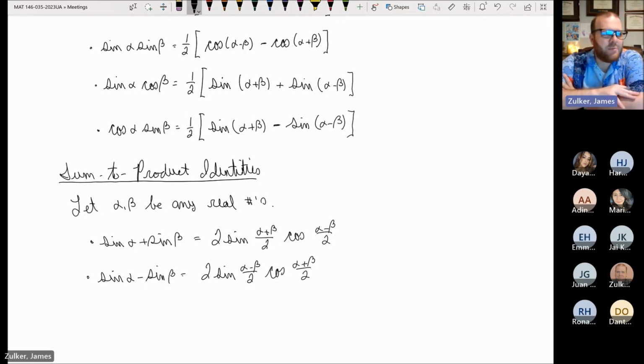Sine alpha minus sine of beta would be the same thing. You just switch the roles of the plus and minus.